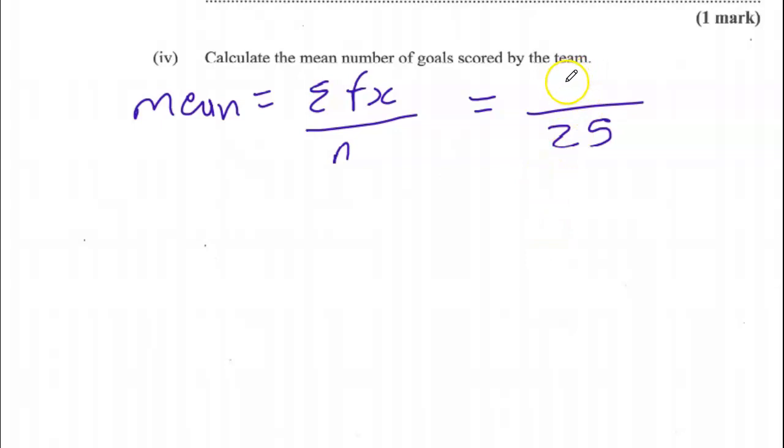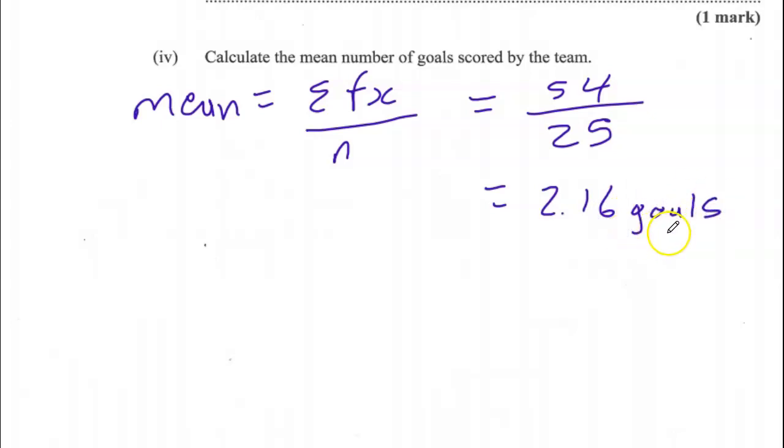So 54 divided by 25, we end up with 2.16 goals. So that's the mean number of goals. On average, 2.16 goals per match.